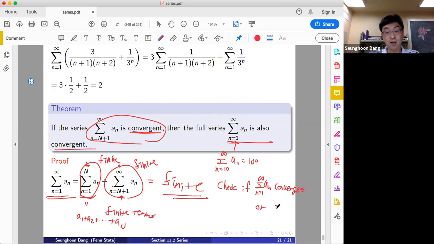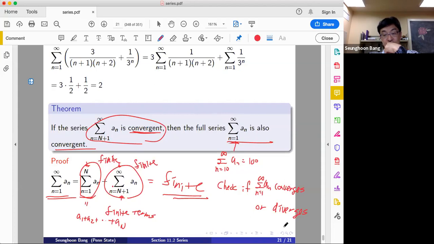Converges or diverges? What is your answer?